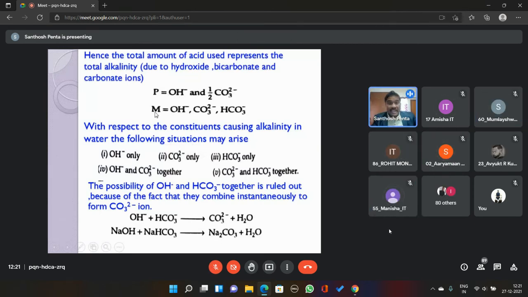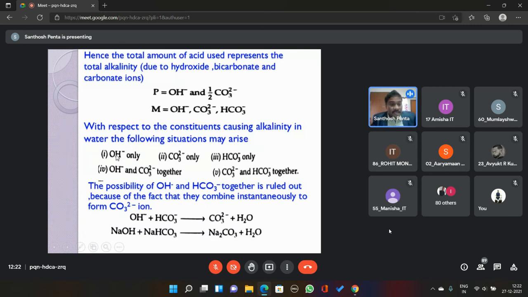The next one is, with the help of methyl orange indicator, we can determine the total alkalinity: hydroxide, carbonate, bicarbonate. This was already explained. Next, with respect to the constituents causing alkalinity in water, the following combinations may arise.